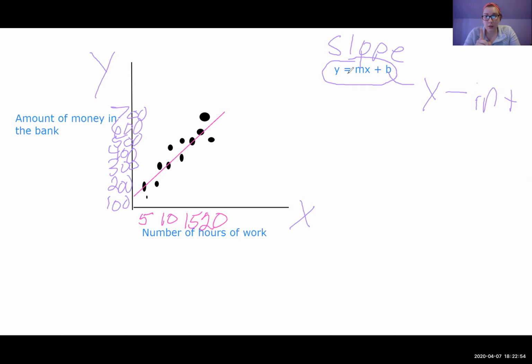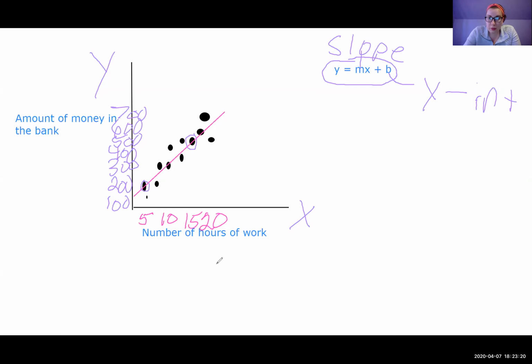And remember, we want 2 points that go directly in the middle. So if I'm looking at my pink line, I want to find 2 points or dots that the line goes right through them. So if I'm looking at it, it's about this point right here and this point right here.